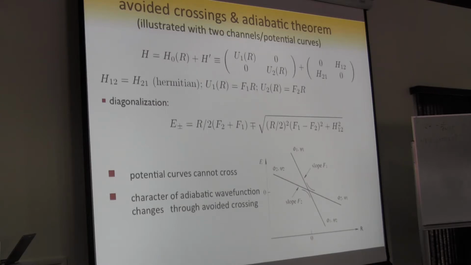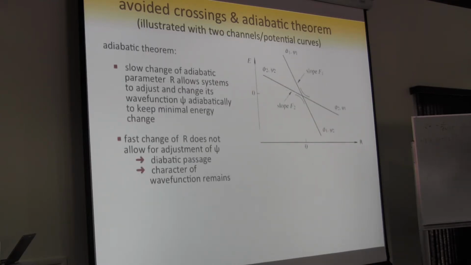This is the Adiabatic Theorem, which is spelled out here again. It says essentially that a slow change of the adiabatic parameter R allows the system to adjust and change its wave function psi adiabatically to keep the energy change minimal along the potential curve.